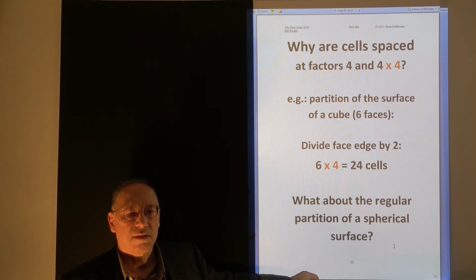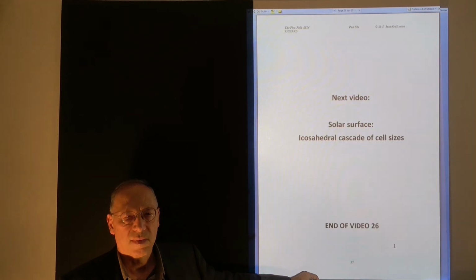Is this feasible at the surface of a sphere? And what would be a procedure for a regular partition of a sphere as a two-dimensional surface? And would this be an explanation for this apparent possible cascade of cell sizes ruled by a factor 4 and 4 times 4 at the solar surface?